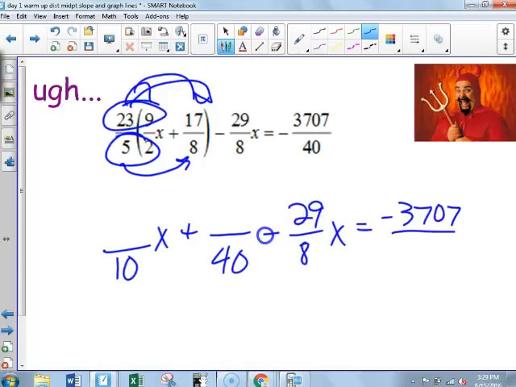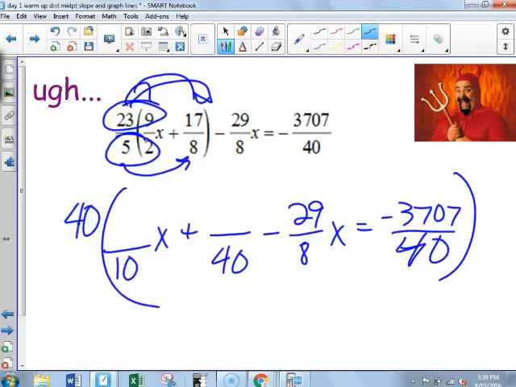And what will the common denominator be then? That's a 40. Common denominator? 10, 40, 8, and 40. 80 would work. 40 would work, right? Then multiply through by 40, and you'll get rid of all those denominators.